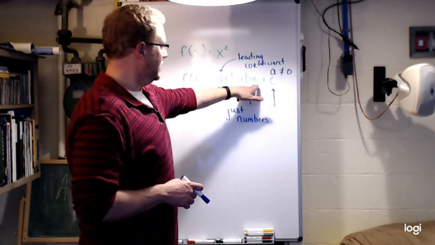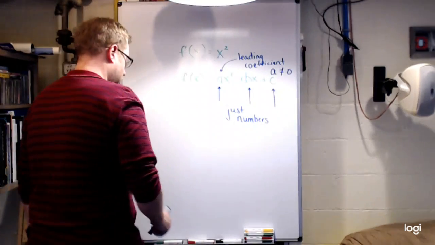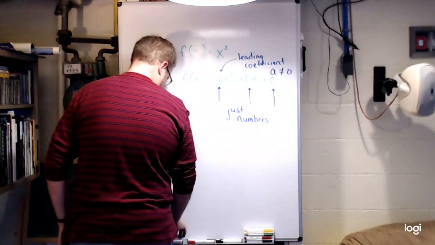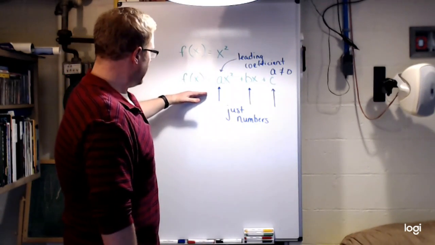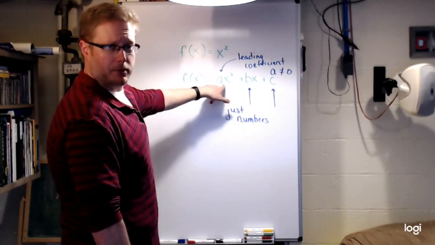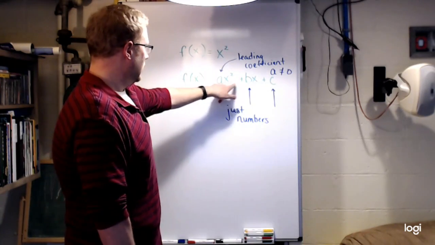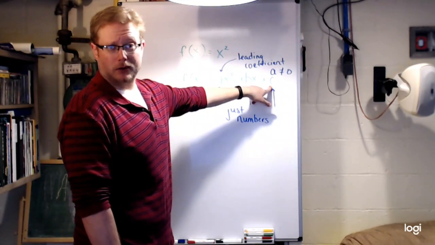You either have a linear term or a constant term. Okay? So that's a big one right there for a quadratic equation. But anyway, what we're seeing here is you have a number times x squared plus a number times x plus another number, or a constant.